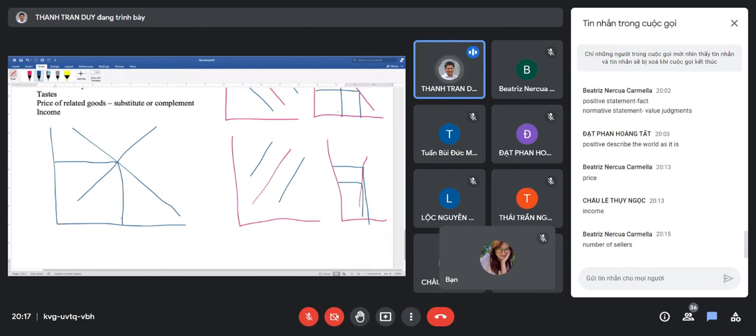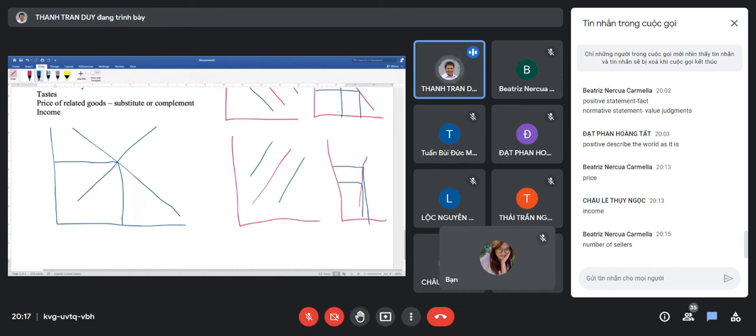For example, suppose newspapers say it's very good for our health if we eat a lot of durian. If we eat a lot of durian, it is very good for our health.